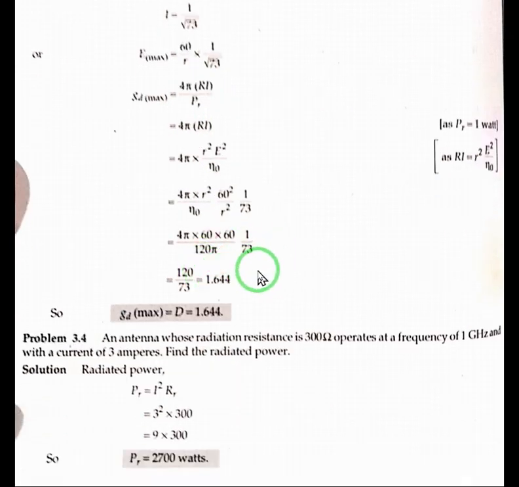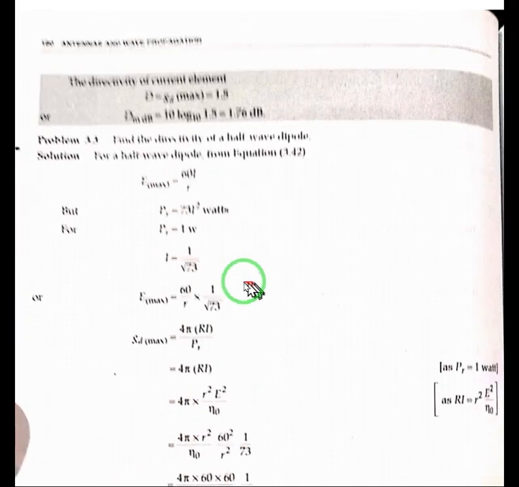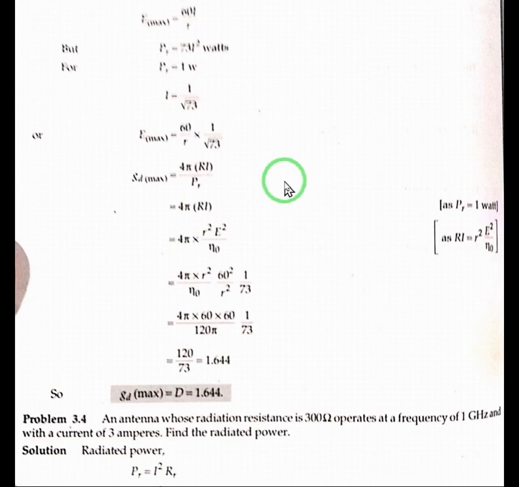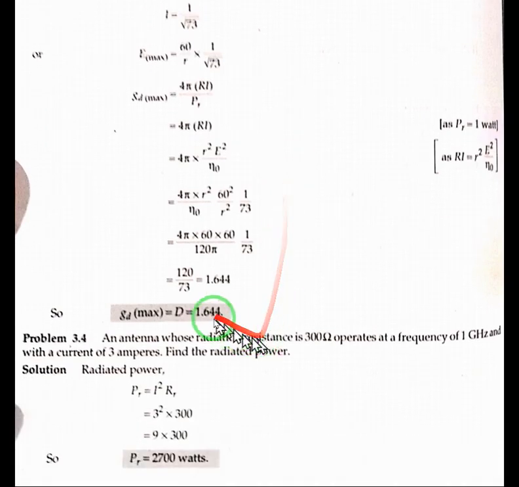After simplifying, it becomes 1.644. That means the directivity, or GT maximum, for the half-wave dipole for 1 watt radiated power is 1.644. That is basically the generalized GD for every half-wave dipole antenna, and it is used further in antenna calculations.